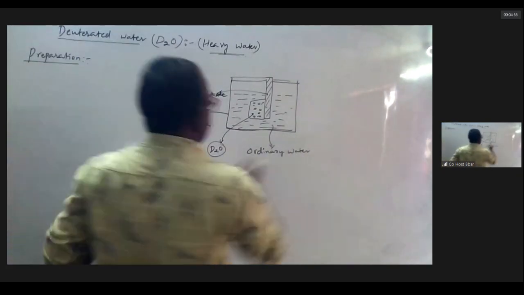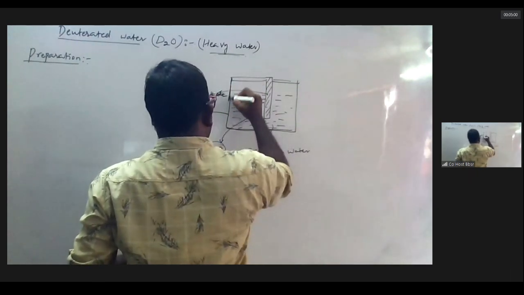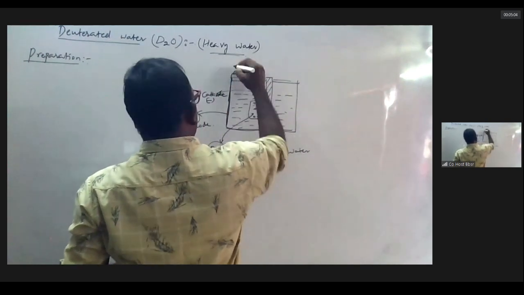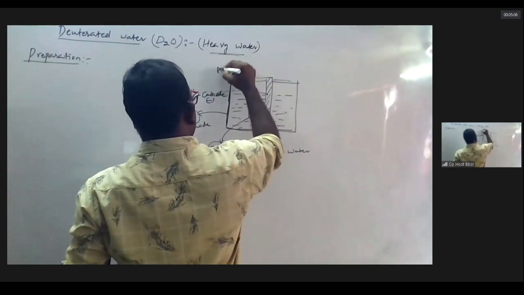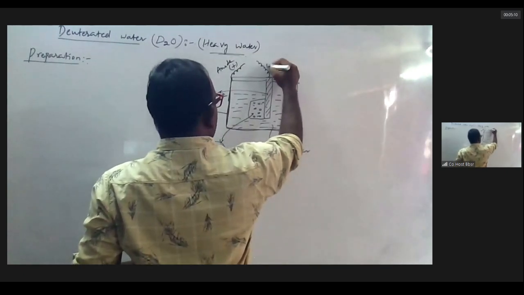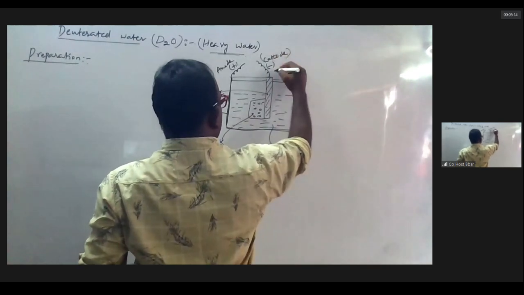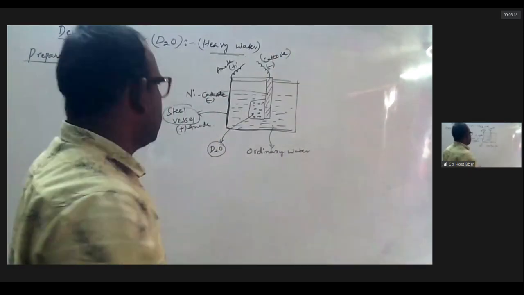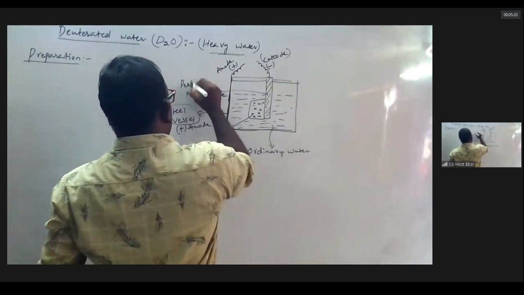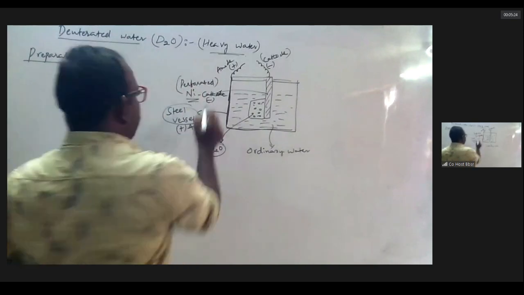So now this is a vessel, right? Itself acts as anode. This is the minus cathode. This is nickel electrode. This is perforated nickel cathode.